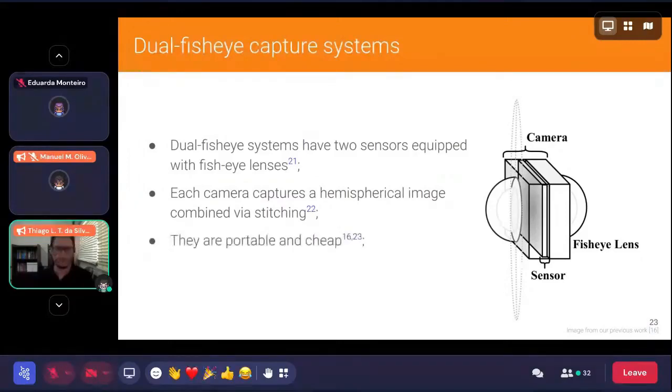The main advantages of this kind of device are that they are portable and they are cheap. We are talking about 2,000 reais. It's not too much, and you can put it in your pocket and walk away, and then you take a picture, put it in your pocket again, and that's it.